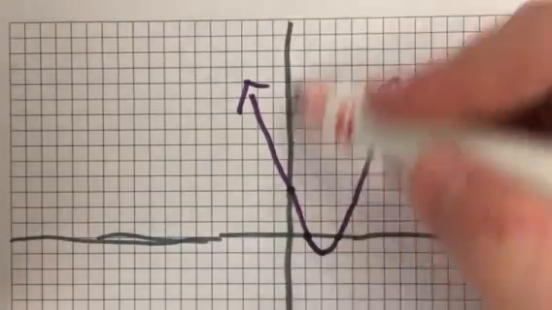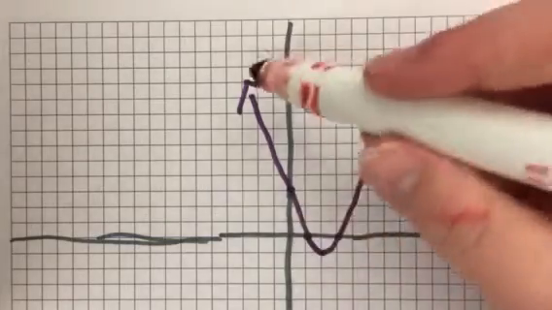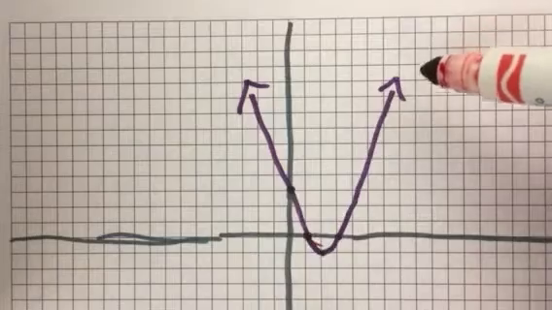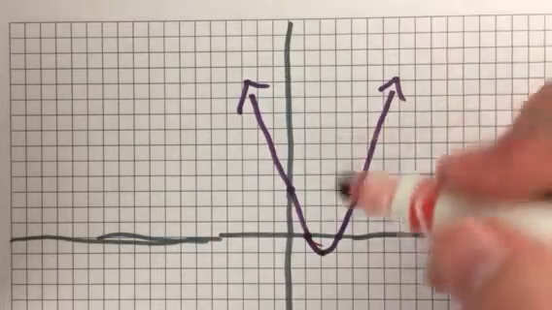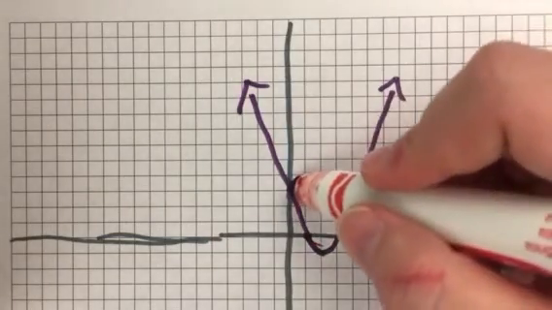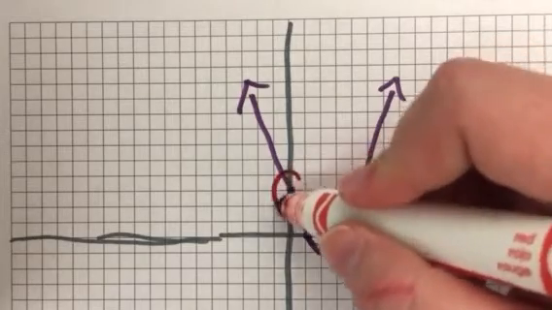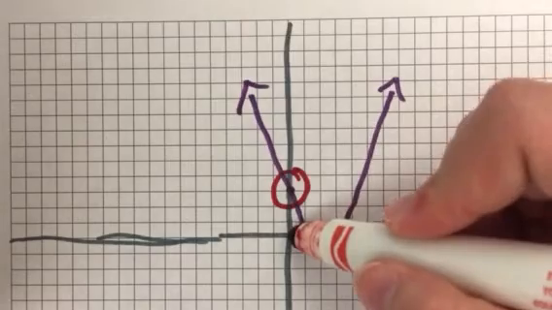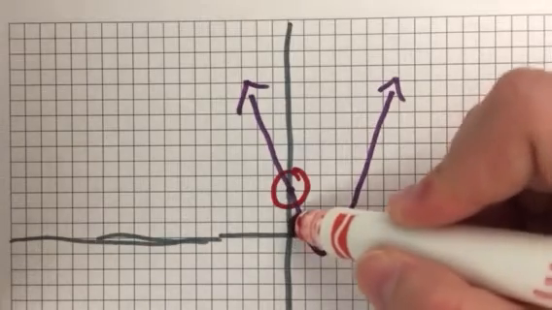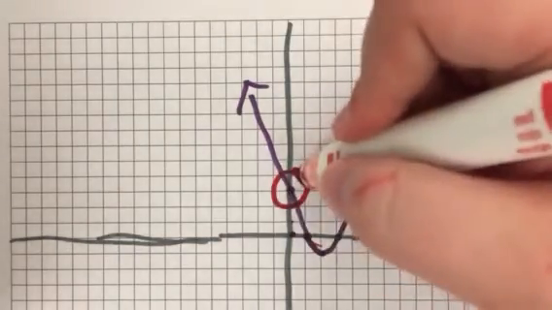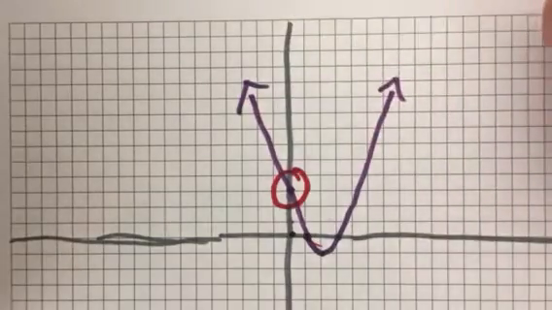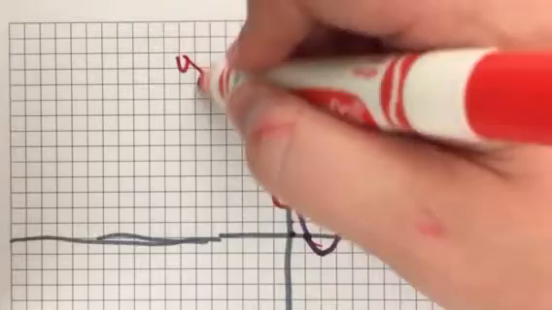In this particular graph, and hopefully you'll agree with me that this is a quadratic, it's a smiley, it hits the y-axis at this point. If we count up from 0, 0, we go up 1, 2, 3. So the y-intercept for this particular graph is at y equals 3.